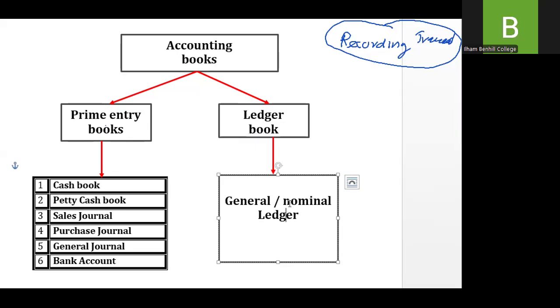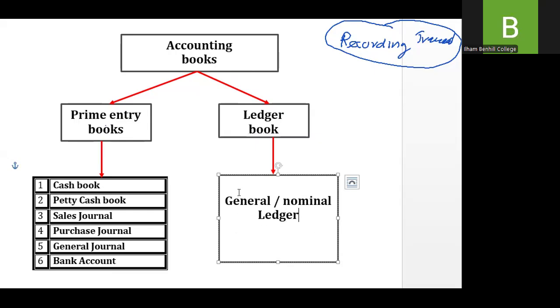So this is all about types of accounting books. If you are interested, I will be uploading more videos on the details of the transactions. How do we record transactions in the prime entry books? How do you record in the ledger? I already explained how to record transactions.